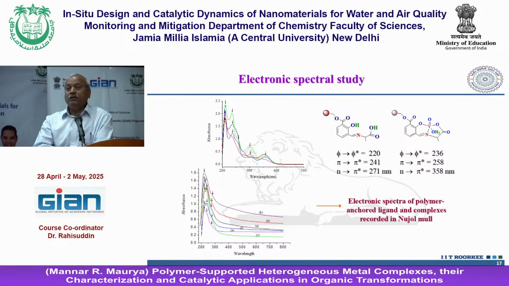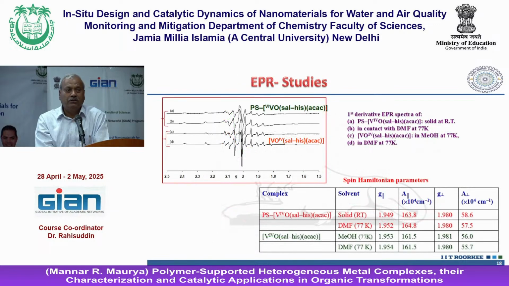Then EPR works very well, EPR in the solid state. EPR can also be recorded in solution in DMSO. As I mentioned, by grinding your sample first and then putting it in DMSO as a suspension and freezing it at -70 degrees, it becomes almost like a solid, and you can record the EPR. EPR worked very well because EPR is very sensitive to the metal ion.